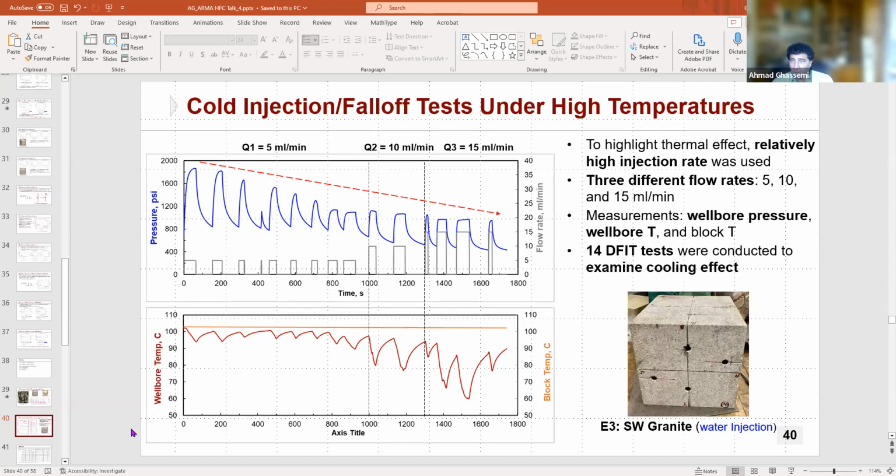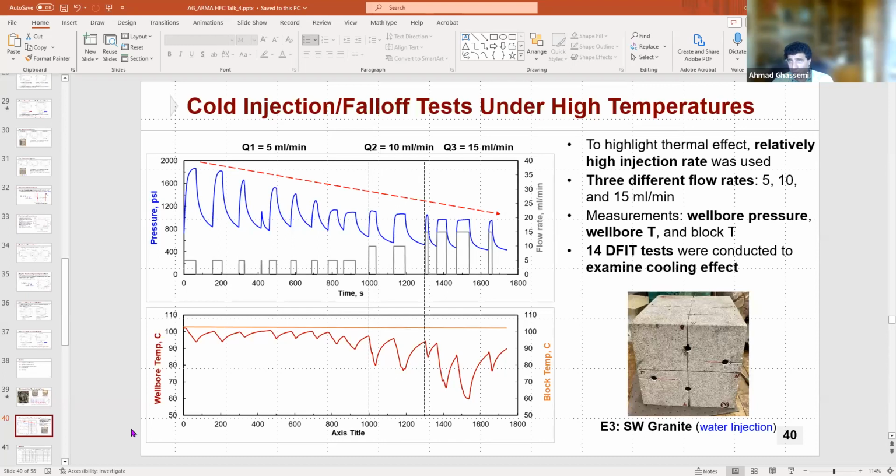On the upper curve, you see the flow rate and the pressure, and despite the fact that we're increasing the flow rate, there's a trend of reduction in the maximum pressure. That rollover pressure keeps going down. You can also see on the lower figure that the block temperature is fairly constant on the surface, and the wellbore temperature is declining with continued injection.